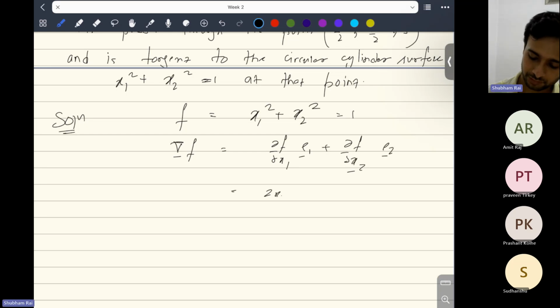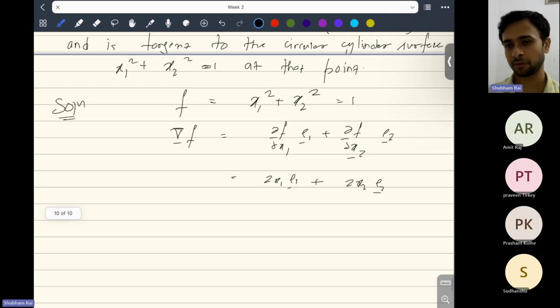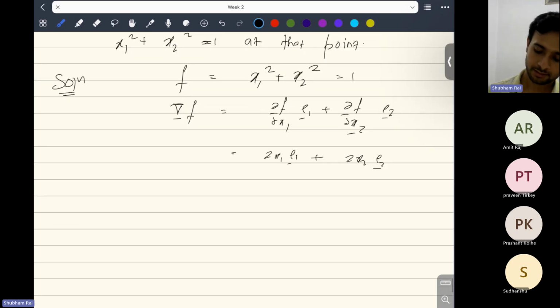So that will be 2x1 e1 plus 2x2 e2. This gradient will be normal to the isosurface, and we need a normal vector because we want to find out the traction on a plane which is tangent to the cylindrical surface. So this gradient will be normal to the tangent plane, right?